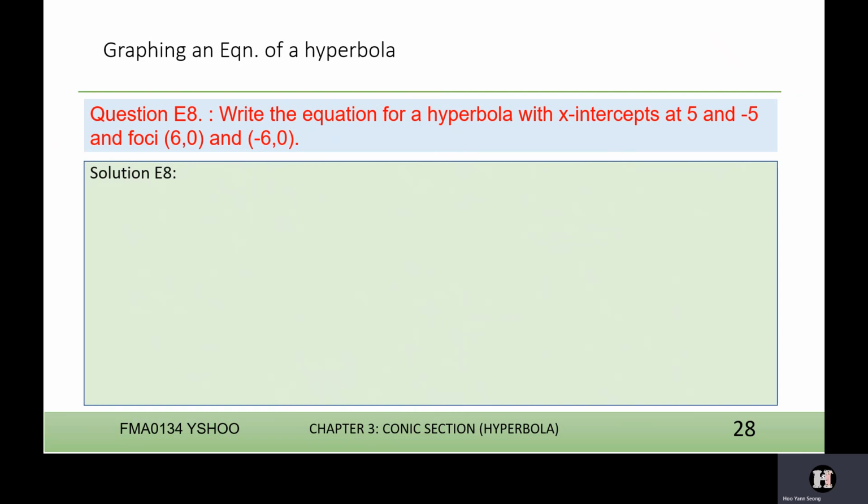Write the equation for a hyperbola with x-intercept at 5 and -5, and foci at 6, 0 and -6, 0. Before you can think of what it means, okay, it says 5 and -5, and 6 and -6.